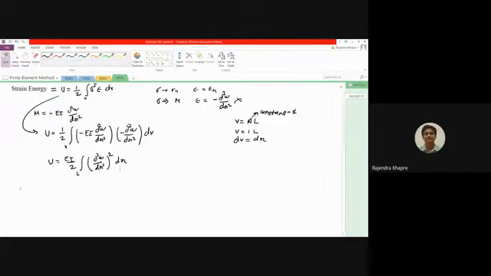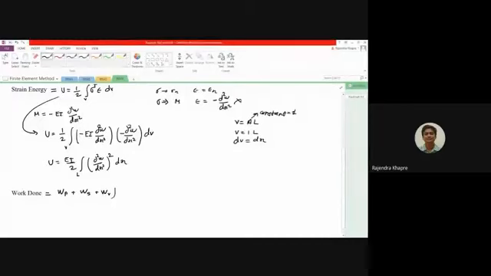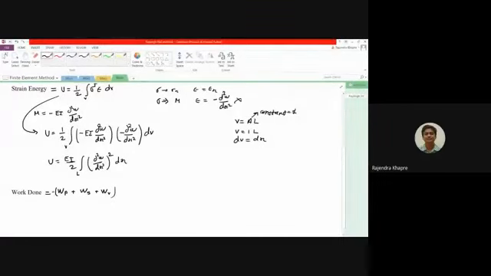Now coming to the work done. Work done also has some expressions which are very similar to the expressions we have seen earlier. This has the work done due to the point load, plus the work done due to the surface load, plus the work done due to the volume load, and everything has to be taken in the negative direction, because otherwise your system will not be in equilibrium.